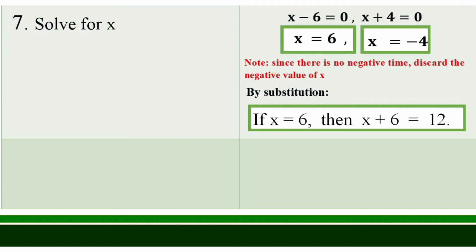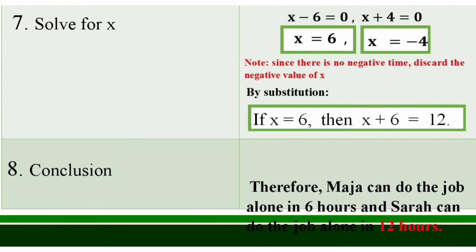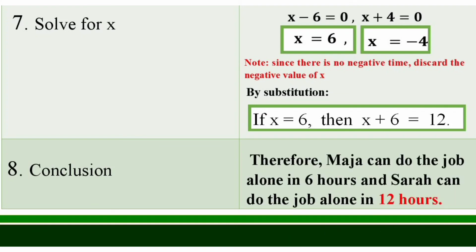So therefore, x is equal to 6. Then x plus 6 represents the hours of Maha. So now, if we replace x by 6, the answer is 12. So the conclusion: Maha can do the job alone in 6 hours and Sarah can do the job alone in 12 hours. Is that clear, class?